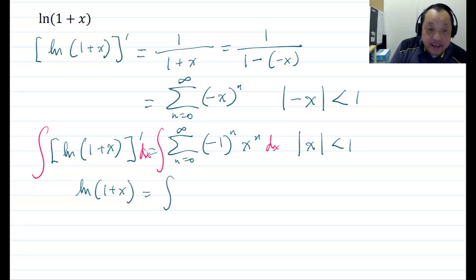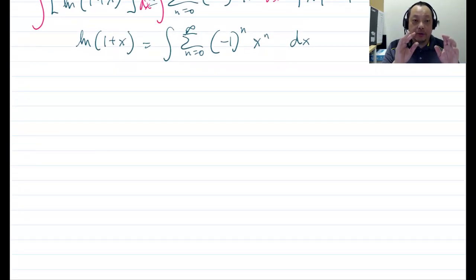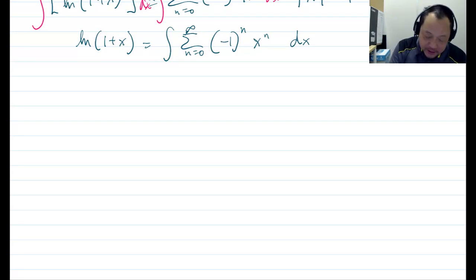On the right, I have the integral of a power series. Well, the integral of a power series is the integral of an infinite sum, but still just a sum. So I think I should be able to just integrate the terms of the sum. It turns out that yes, I can, but I'll talk about that theory in a minute.